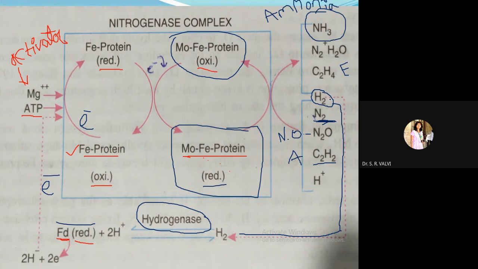So H2 is taken up by hydrogenase, and that is the main function of hydrogenase. Hydrogenase removes the hydrogen from the particular cells, and it gives a favorable environment to the nitrogenase enzyme to fix atmospheric nitrogen. So that is the main key role played by the nitrogenase enzyme as well as the hydrogenase enzyme.